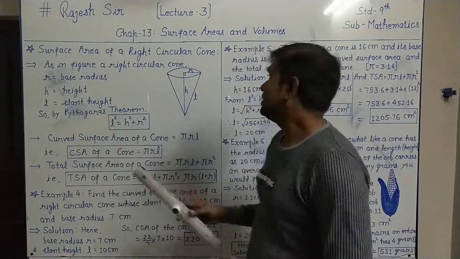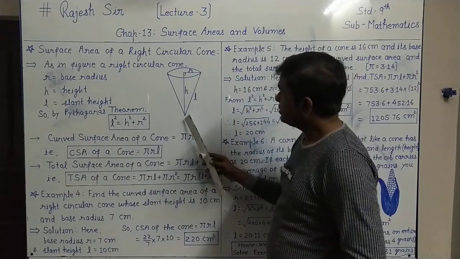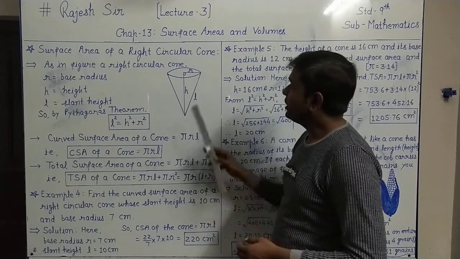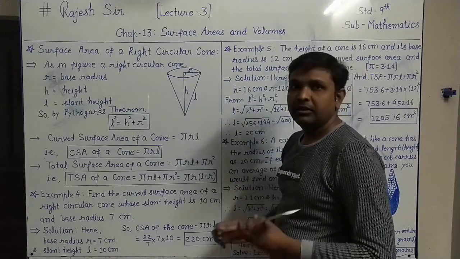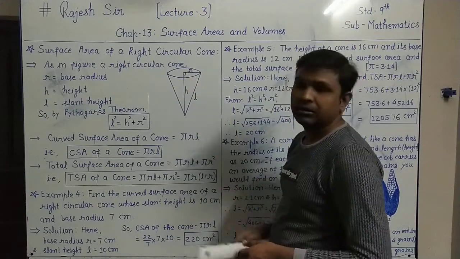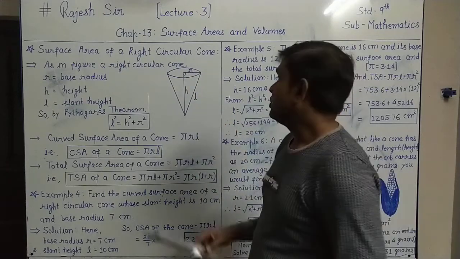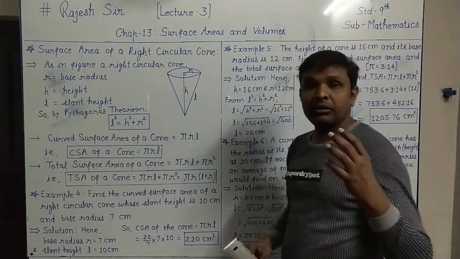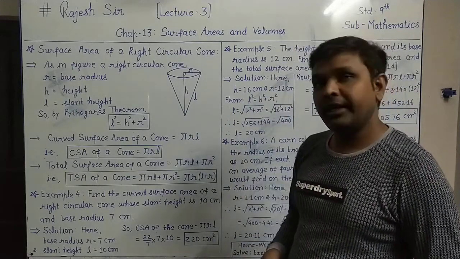So by Pythagoras theorem, you can see this triangle made between h, L and r. In that, between h and r the right angle is made, and this L is the hypotenuse of the right triangle.